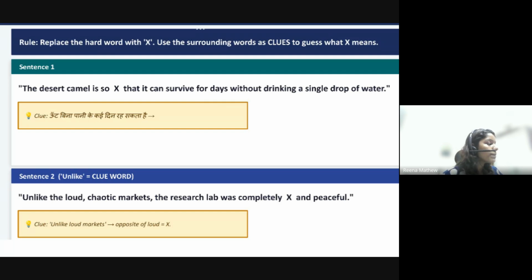So camel बिना पानी के कई दिन रह सकता है. This is the meaning. So what does that say about the camel? X is an adjective. It says something about the camel. Can you guess the word for X?